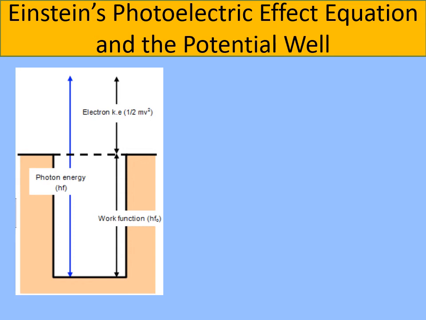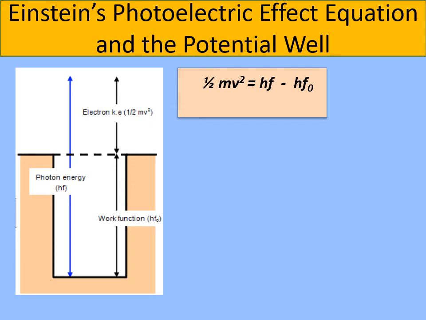Okay, and so if we rearrange the photoelectric effect equation that we originally had, we should make kinetic energy the subject of the equation, which is half mv squared, and the kinetic energy is given by the energy of the photon, hf, minus the work function energy, or work function, which is also given by hf0.